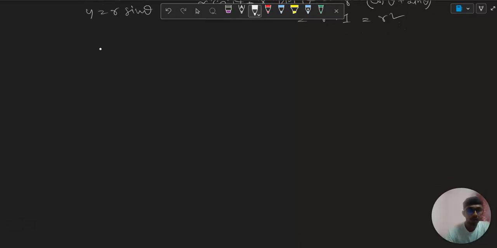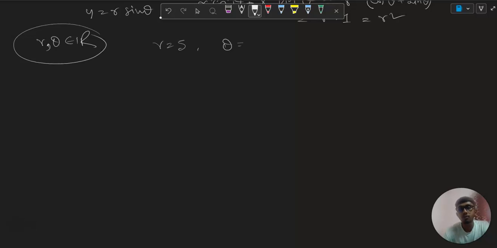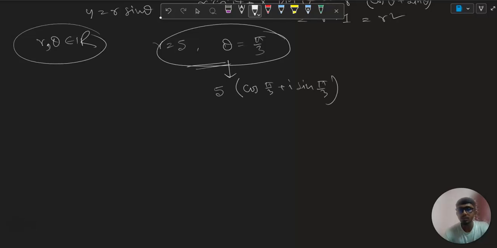Now we see, interestingly, this r comma theta, which belongs to R, uniquely determines a complex number. Like if we write r equal to say 5 and theta equal to maybe pi by 3, it will give me a unique complex number. What will it be? It will be 5 of cos pi by 3 plus i sin pi by 3, which is a unique complex number in this grid somewhere over there.